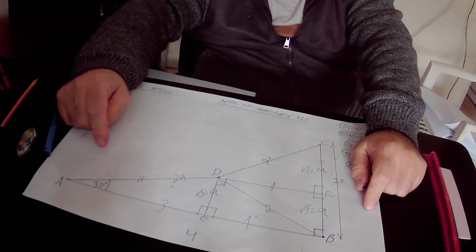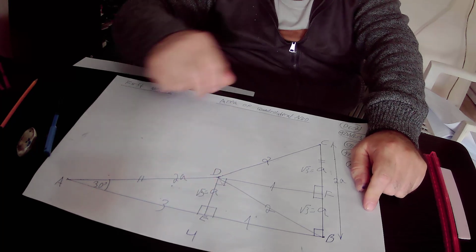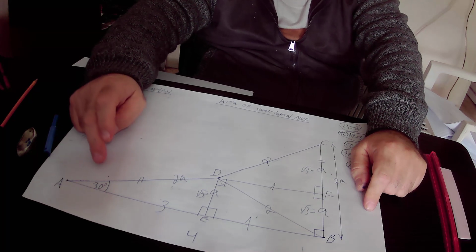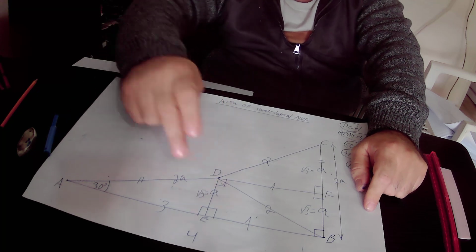And then we defined line segment DE as A. We focus then on the right triangle, triangle ADE.